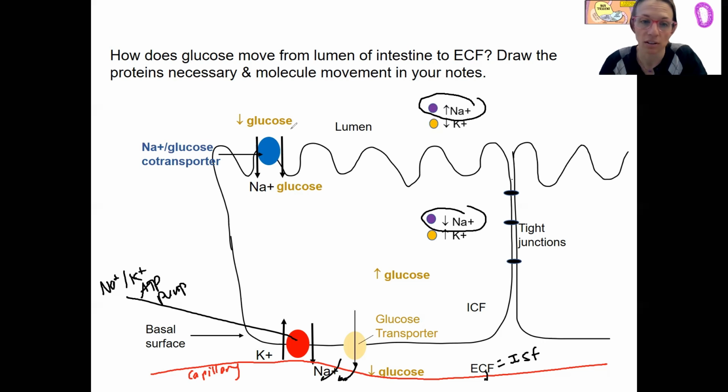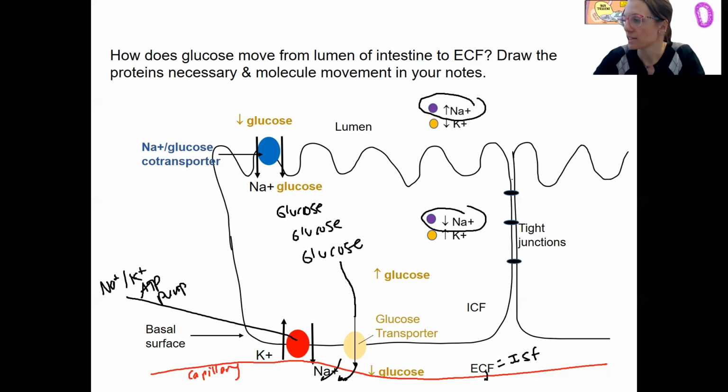Once glucose is in here, so glucose is moving in, lots of glucose coming in. There's lots of these co-transporters. It can then diffuse via facilitated diffusion out a glucose transporter on the basal surface. So apical surface, we've got the co-transporter. Basal surface, we've got the glucose transporter. We don't need to use sodium here because this is down its gradient.